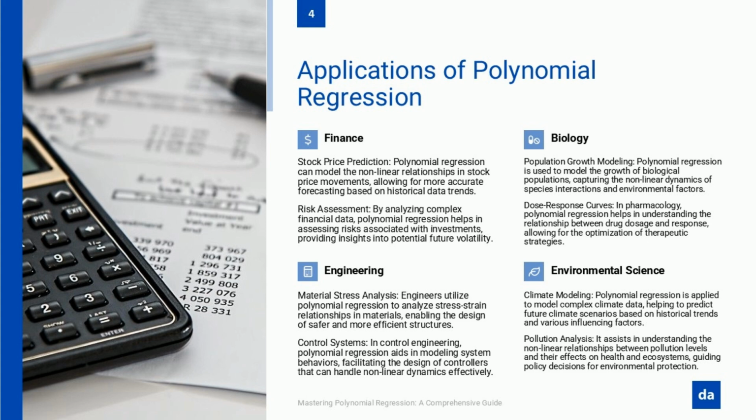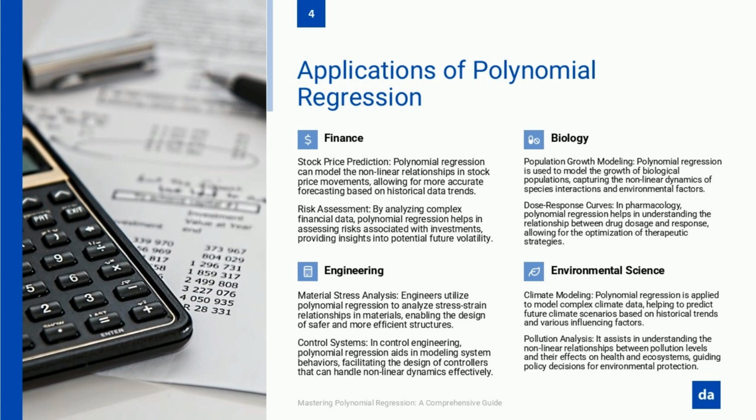In environmental science, polynomial regression is used in climate modeling, where it helps predict future climate changes based on past temperature and atmospheric data. It is also useful in pollution analysis, helping researchers understand the nonlinear relationships between pollution levels, health effects, and environmental changes.